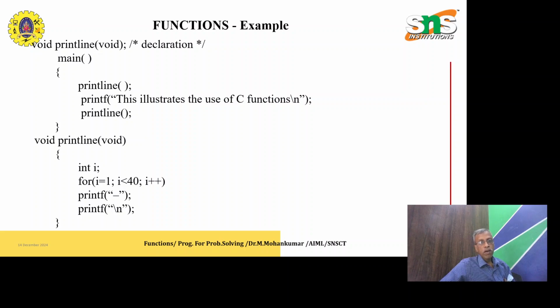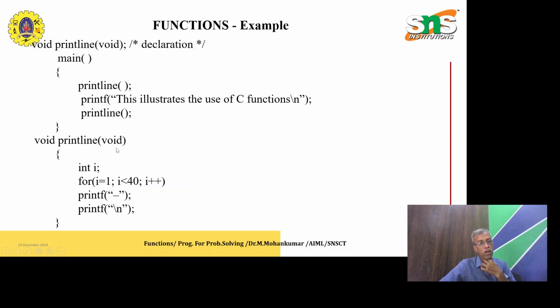Here is an example of the syntax for function declaration: void printline, and its declaration. The main function calls printline. Printf illustrates the use of C functions and printline. Void printline, here it is a function.